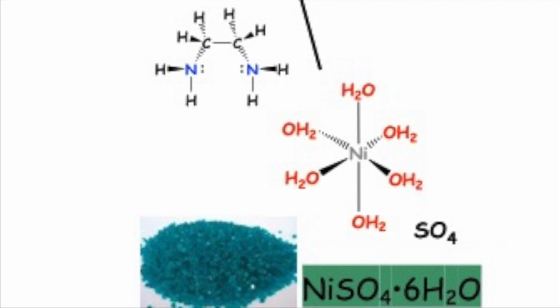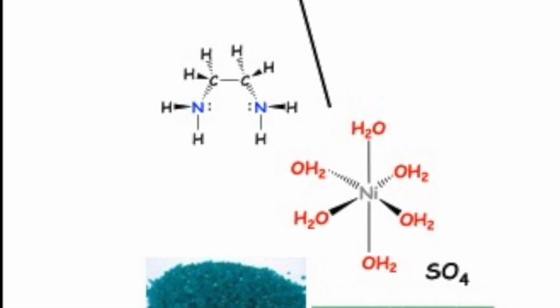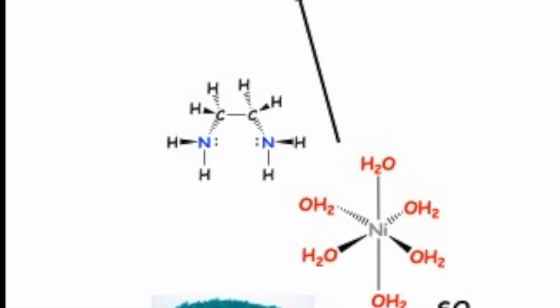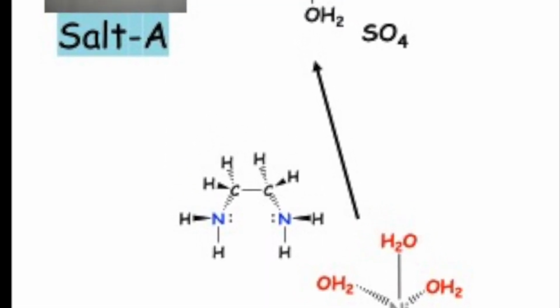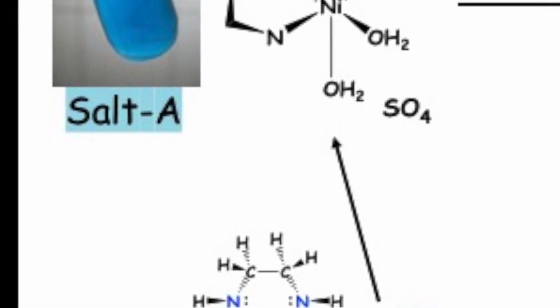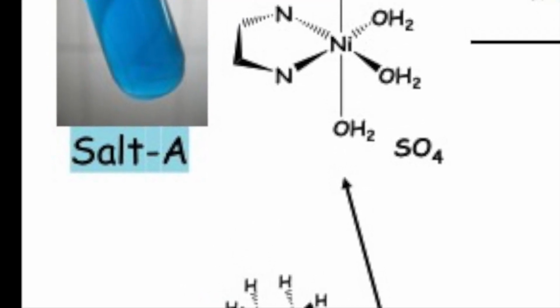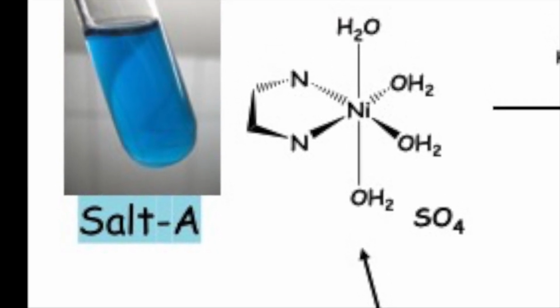In the first step, the synthesis, you are actually doing 3 separate syntheses. In one of those, you take this salt, nickel sulfate hexahydrate, and add ethylenediamine. And remember, when you do a synthesis, you can't add ethylenediamine one time.